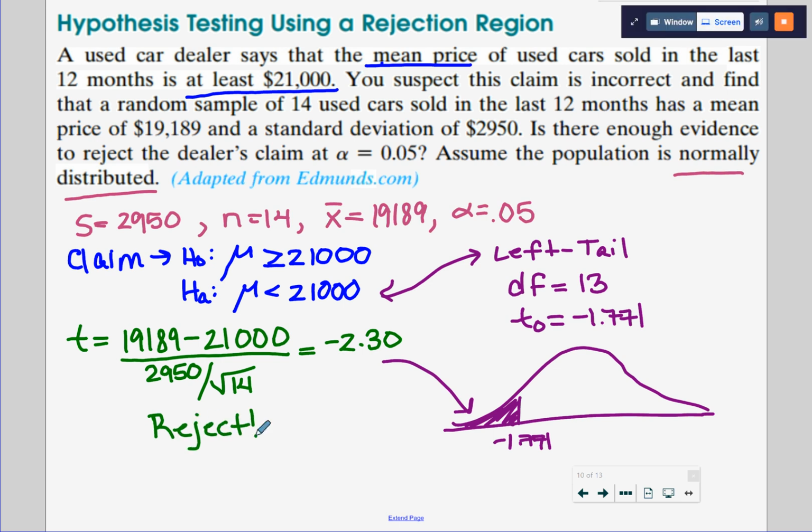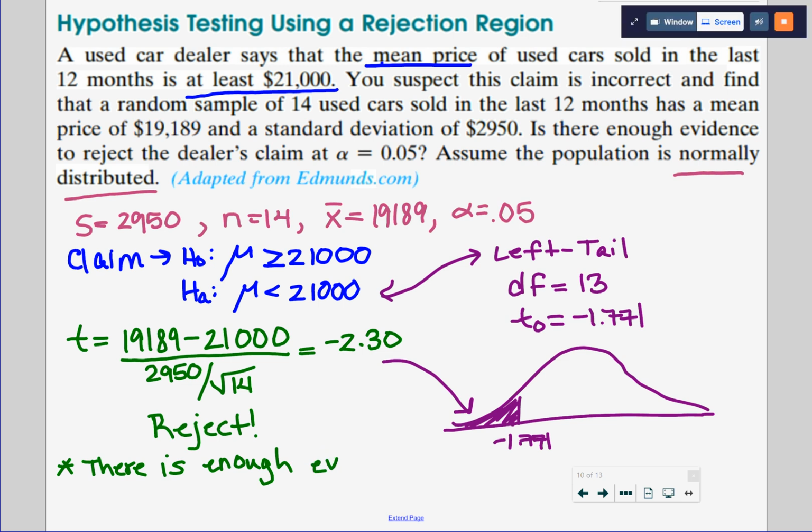All right, so then I want to summarize this. My summary is made up of two different pieces of information. Number one, is there enough evidence or not enough evidence? There is enough. If you are rejecting, that's what you want to happen. So there's enough evidence to either reject or support.